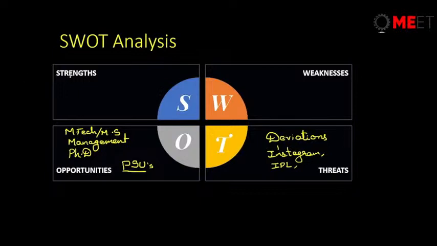And you need to assess yourself: what are the subjects in which you are strong, and you need to identify those subjects and make a list like this. What are the very easy subjects for you, moderately easy subjects for you?